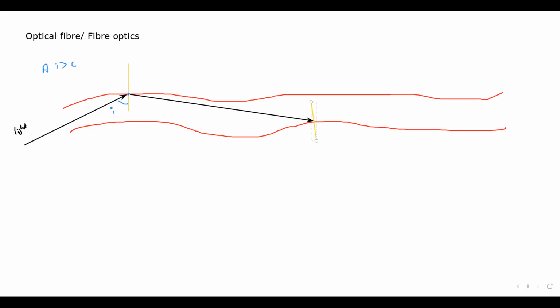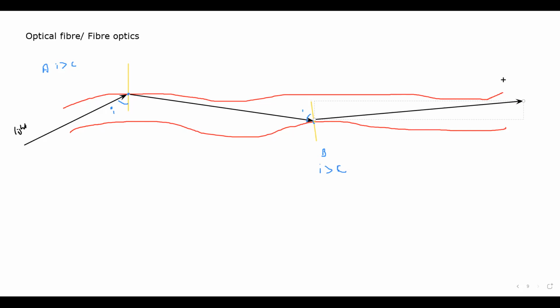Again, at point B, the new angle of incidence is more than the critical angle. What will happen? The light will again reflect, and the light will reach the other point.